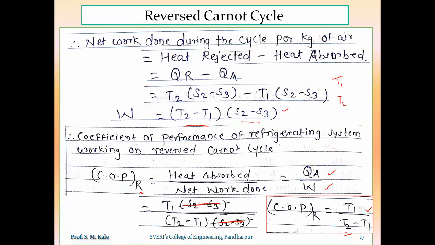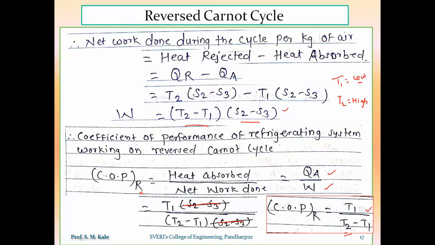T1 is the lowest temperature inside the refrigeration system at which heat is being absorbed, and T2 is the highest temperature in the refrigeration system at which heat will be rejected.